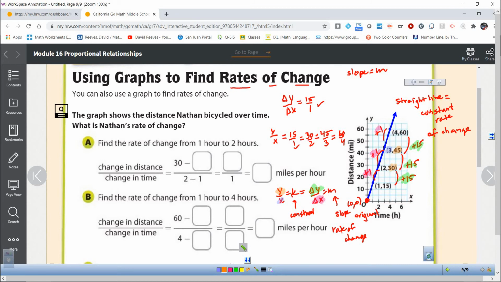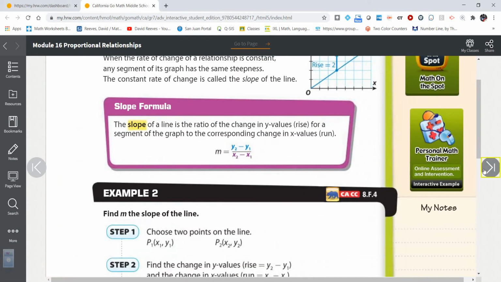So y over x. So you will notice in a proportional relationship, the rate of change is equivalent to y over x. The slope is equivalent to the constant of proportionality. It's kind of cool that way.